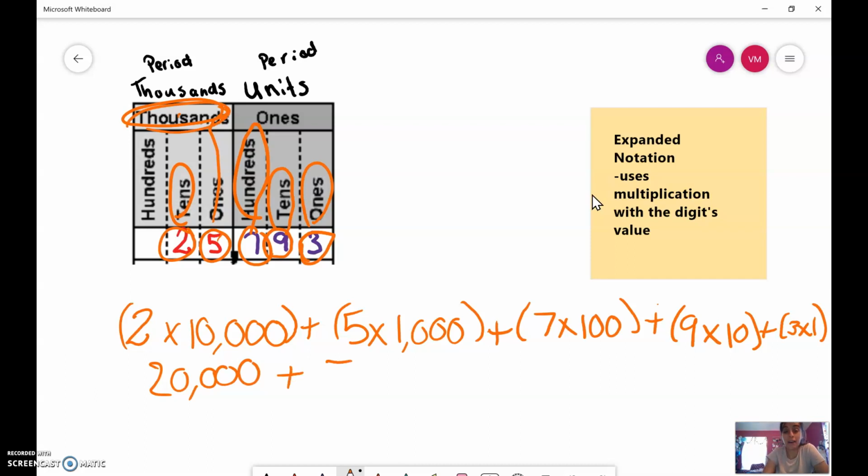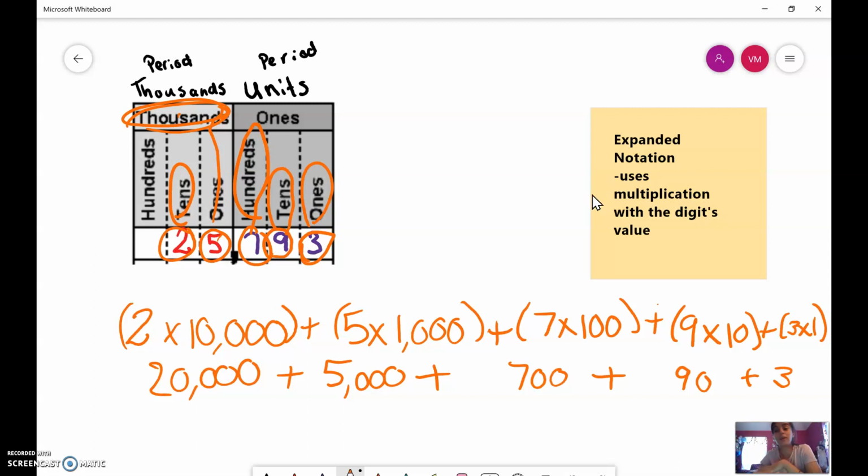Then I have 5,000. This 7 times 100 equals 700. Now I'm spreading it apart. 9 times 10 is 90. And 3 times 1 is always 3. And there you see the values now. So that becomes the expanded form.